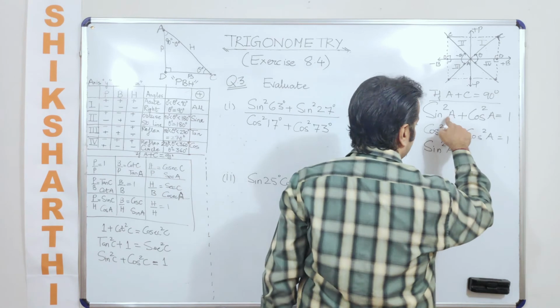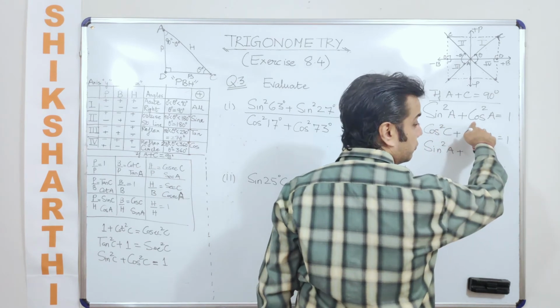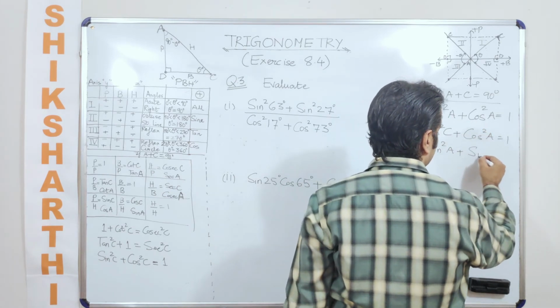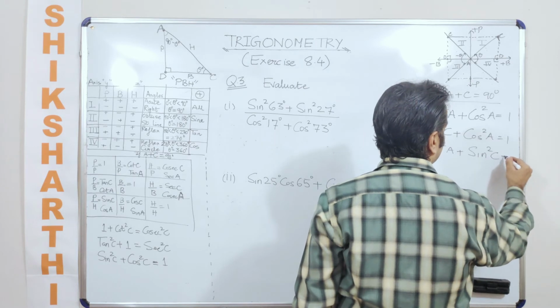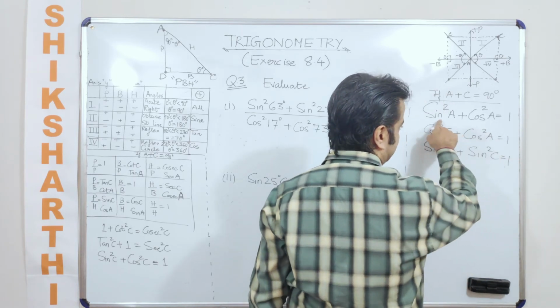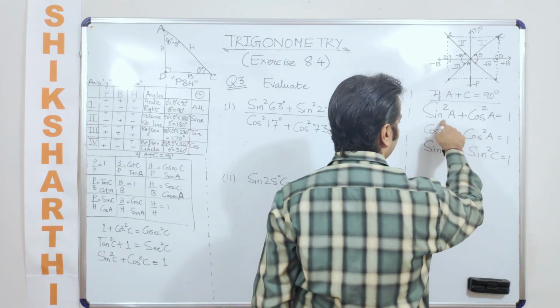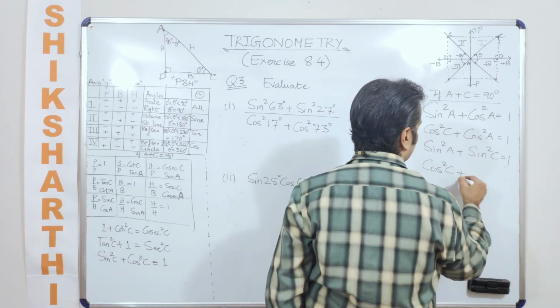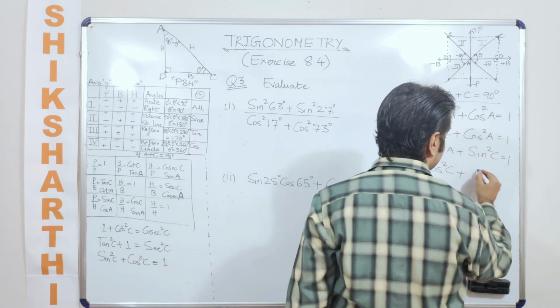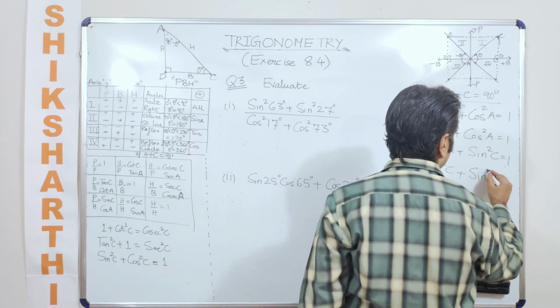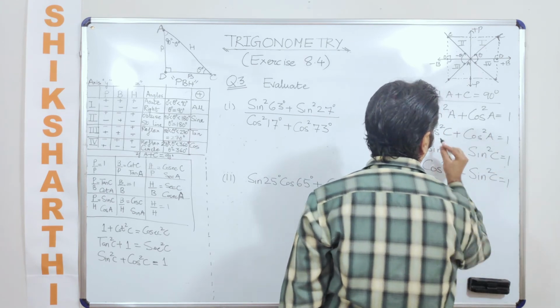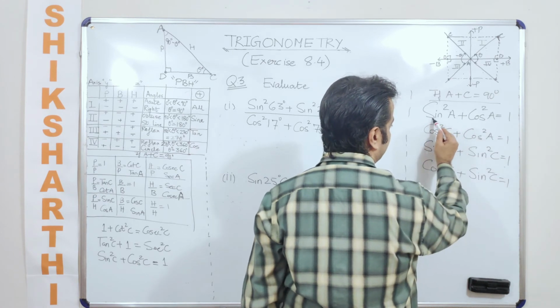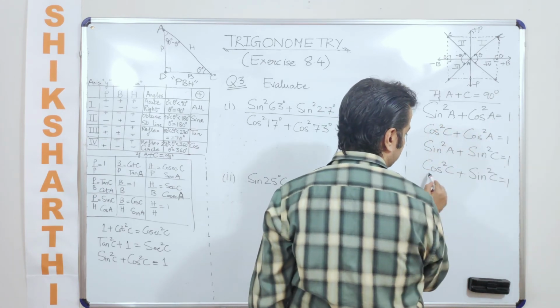Okay, so now this is sine square a, cos a we know is sine c, so this I can write like this. And last but not the least, I can vary both of them, wherein I know that sine a is cos c and cos a is sine c. So you will see in one case you are having sine square a plus cos square a is equal to 1.